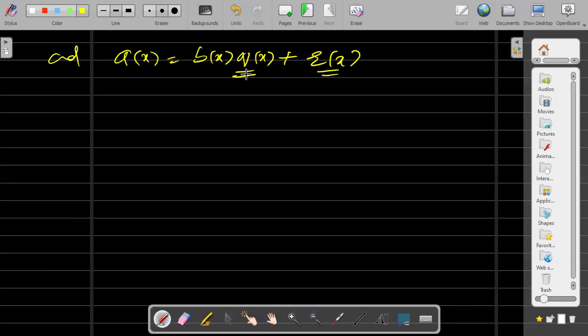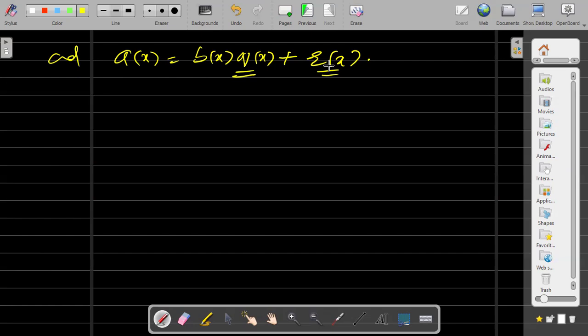This equation is satisfied with the condition that the degree of r(x) is less than the degree of b(x), because the degree of r(x) is the same as the degree of a(x), which is n, and n is less than m, which is the degree of b(x). So in this case you don't have to do anything, if n is less than m.